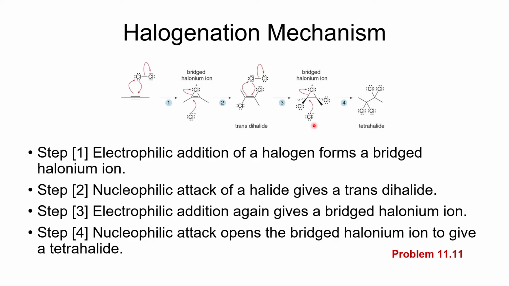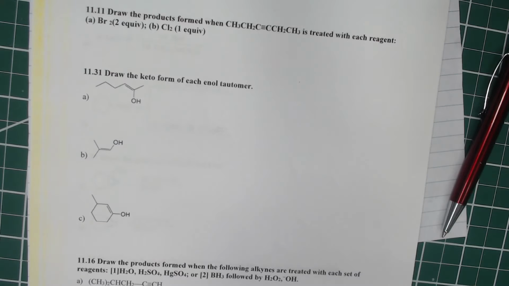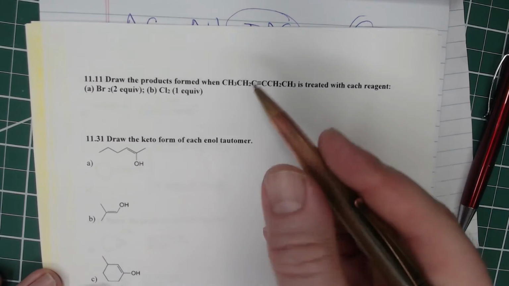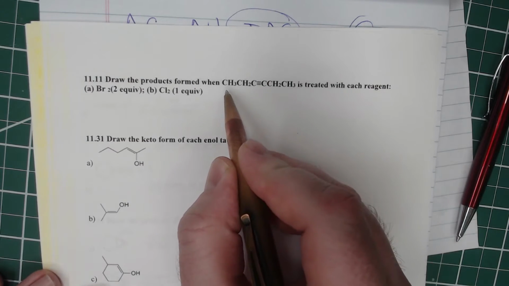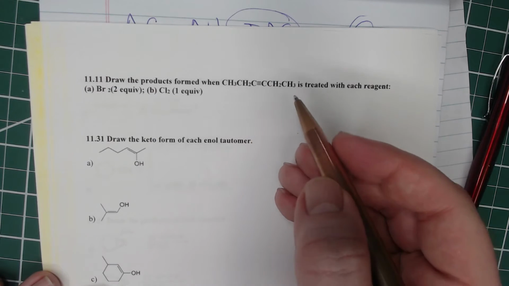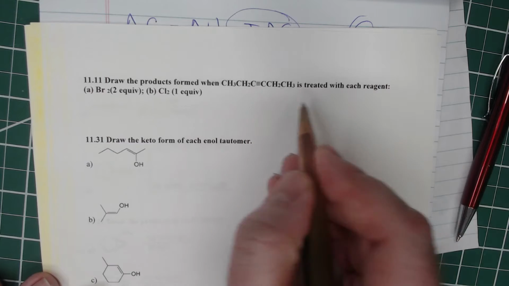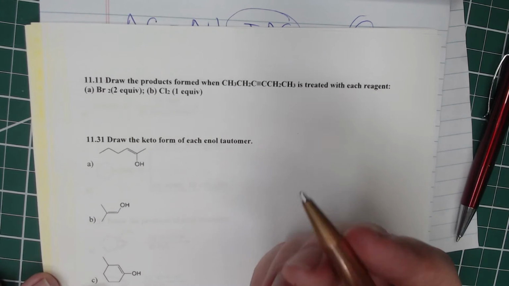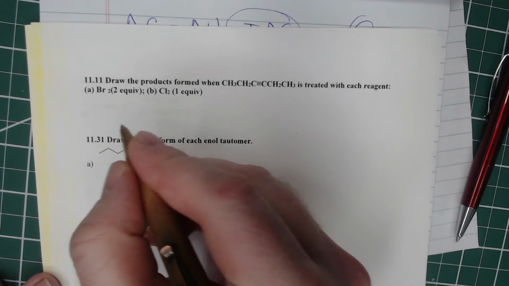So we want to look at problem number 11. On problem number 11, we've got 1, 2, 3, 4, 5, 6. This is 3-hexyne, or hex-3-yne, and we're going to treat it with Br2 and Cl2, and we just want to write down what the products are.